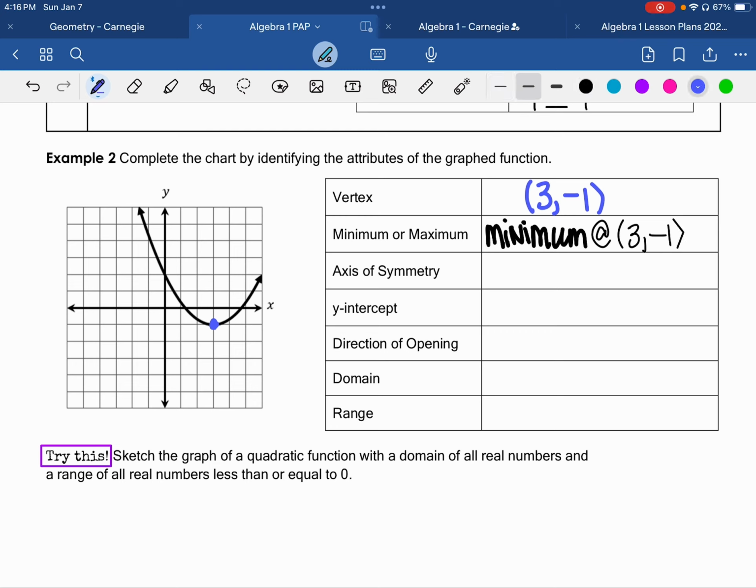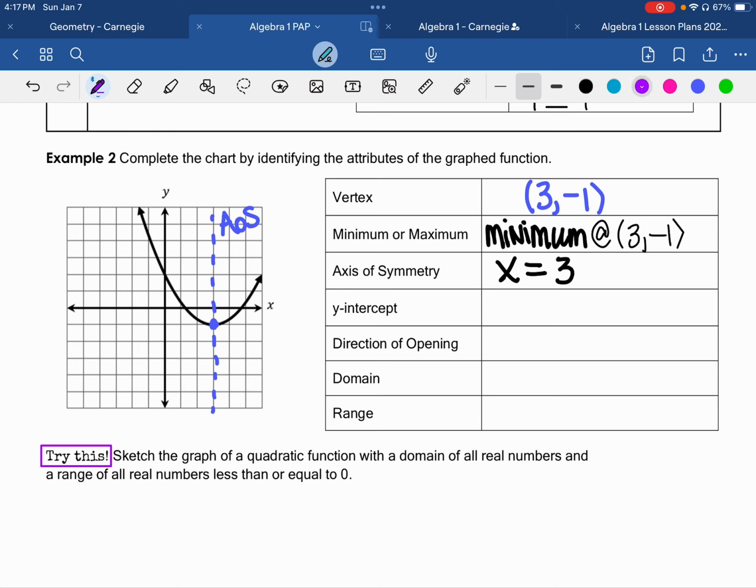All right, my axis of symmetry is going to go straight up and down right here through my vertex. This is my axis of symmetry, and it is going to be x equals the x value of my vertex or of my minimum, which are the same thing.